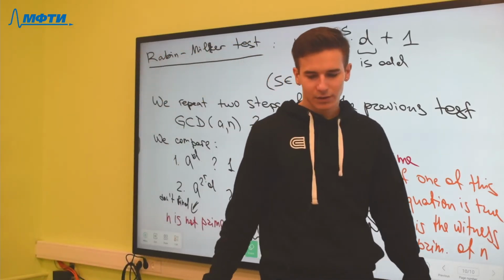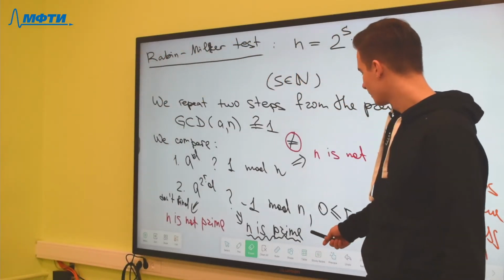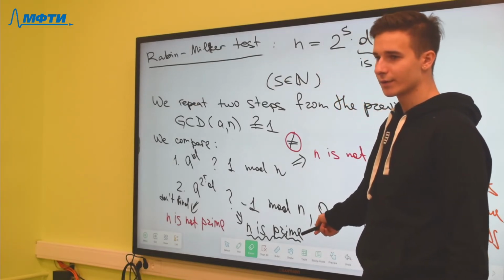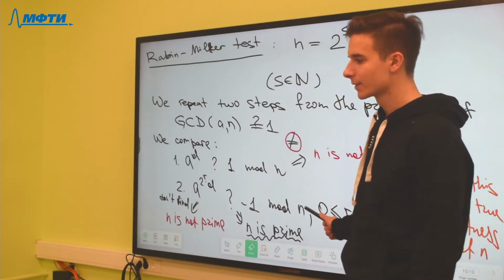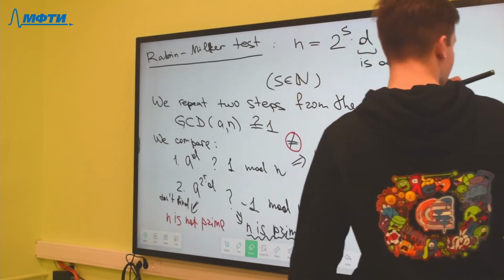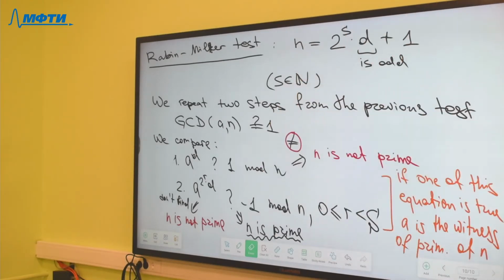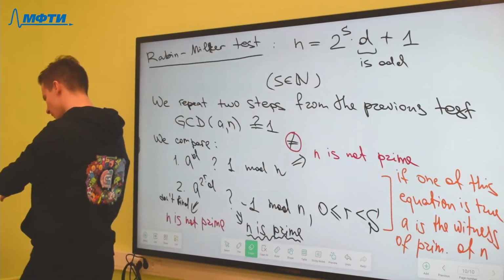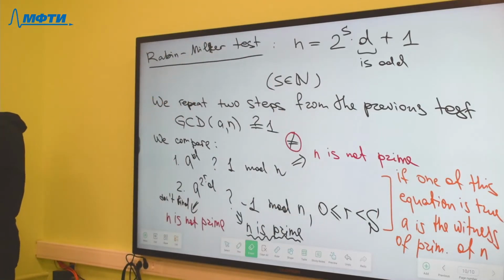But of course, you have a probability that you got a wrong answer, and you need to understand it. That is about tests and their connection with number theory, and now we can have a break and then continue with another topic.